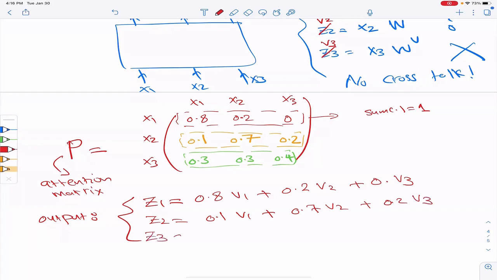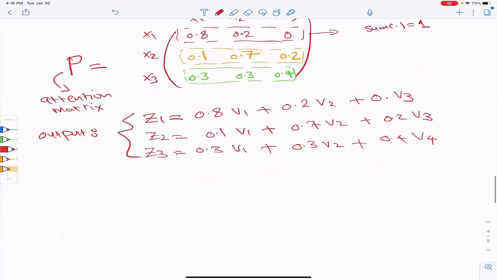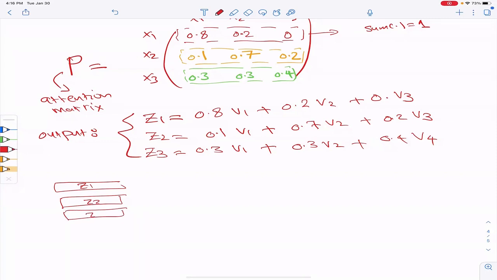And for the third one, we have 0.3 times v1, 0.3 times v2 plus 0.4 times v3. As you can see, this can be written in a matrix form. It is easier. Think about a matrix of z's with the rows z1, z2, z3.